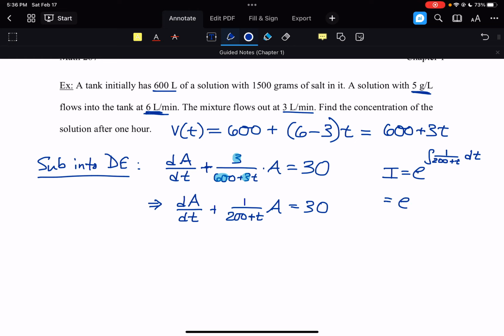The antiderivative of this is ln of 200 plus t. We don't need absolute value on it because we know that the t value starts at 0 and only goes up into positives, so it's unnecessary in this case. e and ln will undo each other, leaving us with 200 plus t. And that's our value for I.